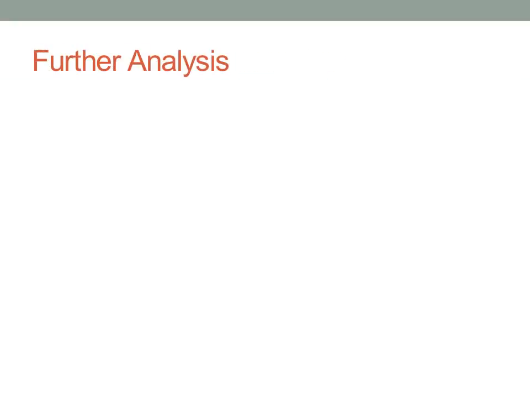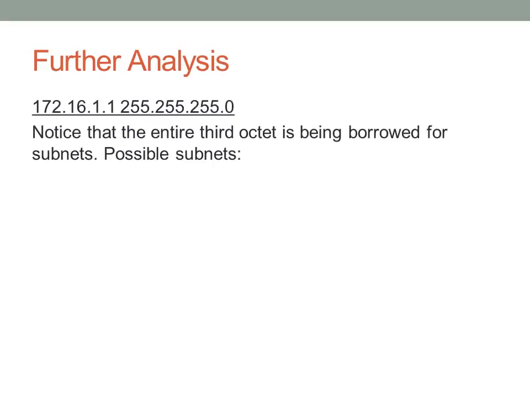And so, looking at this address, doing a little bit of further analysis on it, we can actually notice that the entire third octet is being borrowed for subnets. The reason I say this is if we look at the class of this address, the original classful network is going to be 172.16.0.0. And you'll notice that if we look at our network mask shows 3 octets are dedicated to the network.